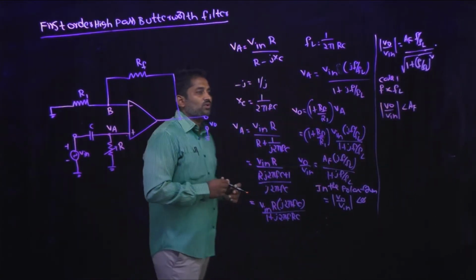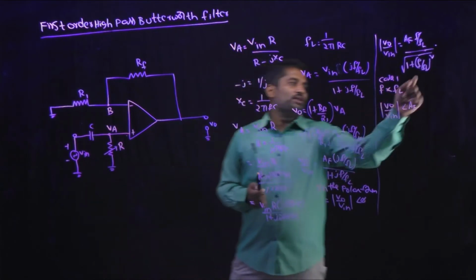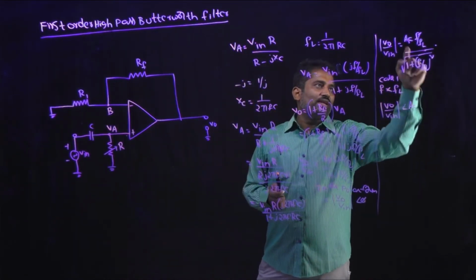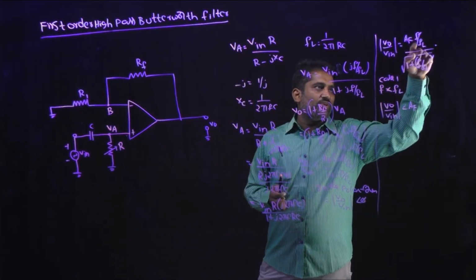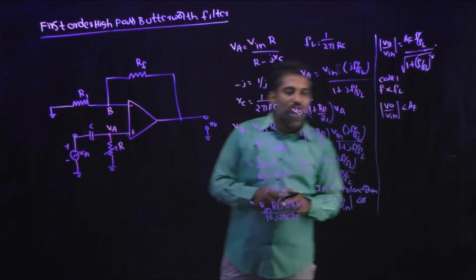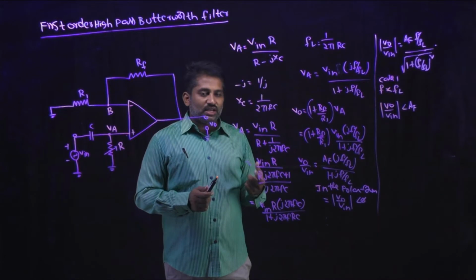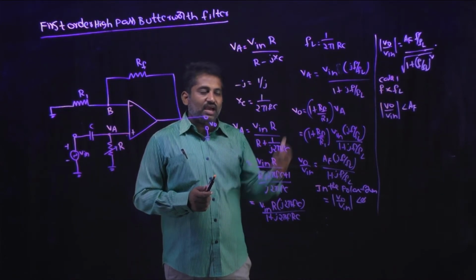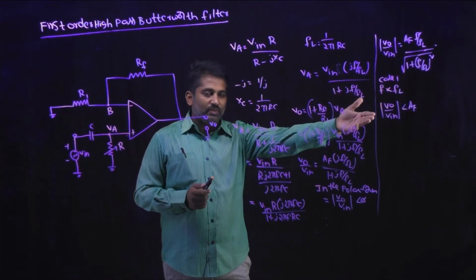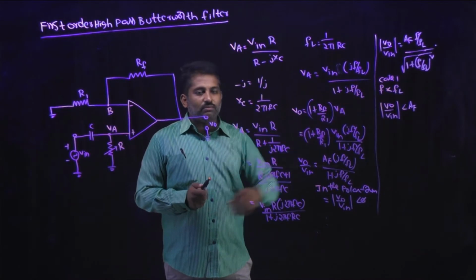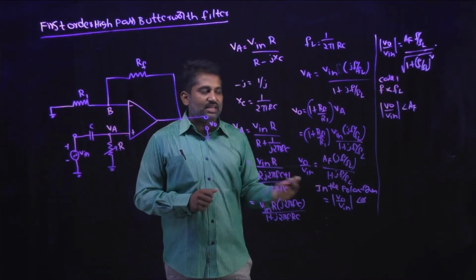Yes or no? F is less than FL, so we get AF into F by FL divided by square root of 1 plus (F by FL) square. Obviously F is a small value, so the denominator is dominated by the 1 term. Obviously we get modulus of V0 by Vin is less than AF.